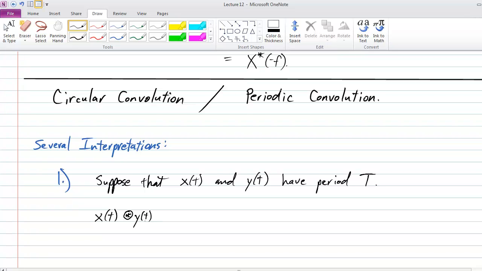You have periodic signals. What we're going to do is say that this is the integral of x of tau, y of t minus tau, d tau, but over one period. Okay, that's the only difference.